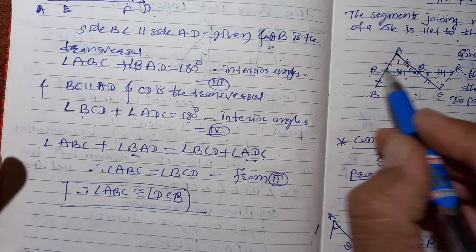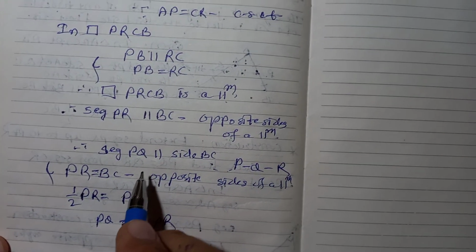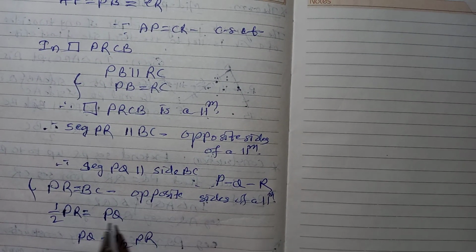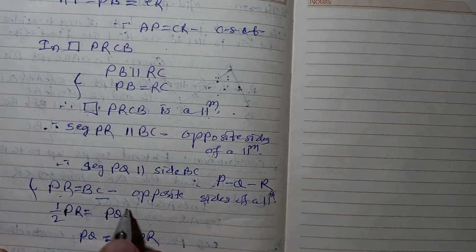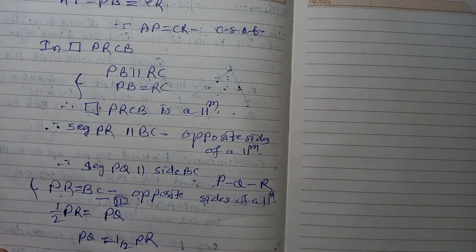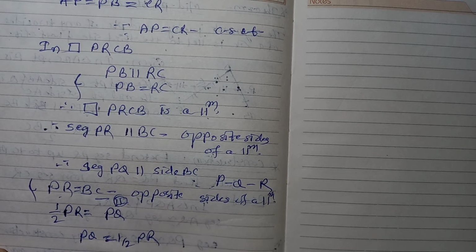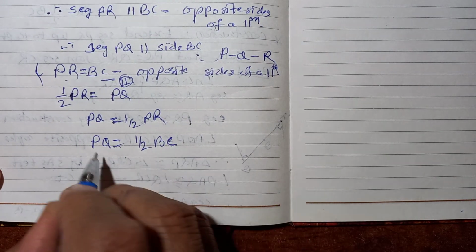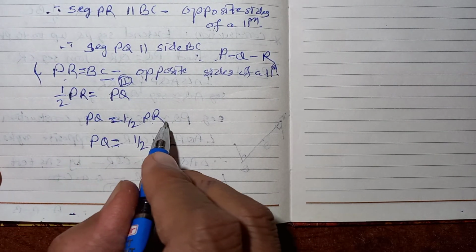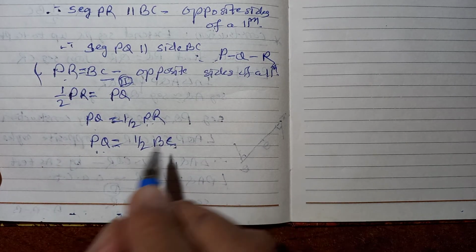Okay. So if PQ is half of PR and this PR is equal to BC, suppose this is equation second. So can we say this PQ is equal to half of BC? If PQ is equal to half of PR, then we can say this PQ is also half of BC. Why?